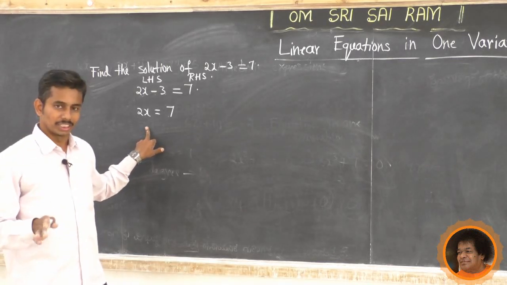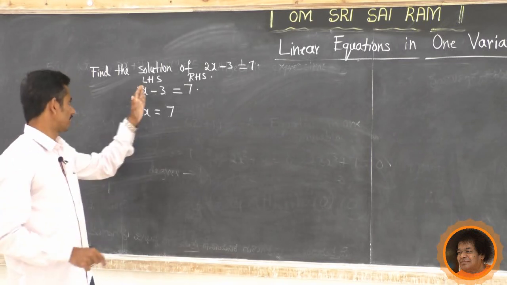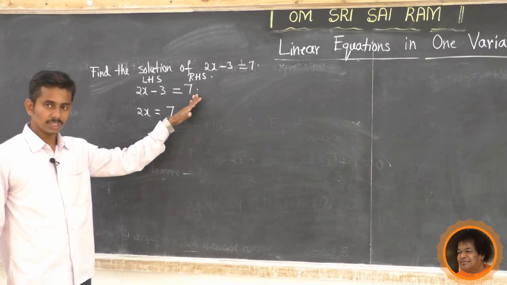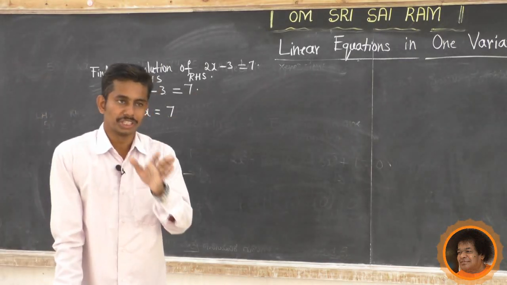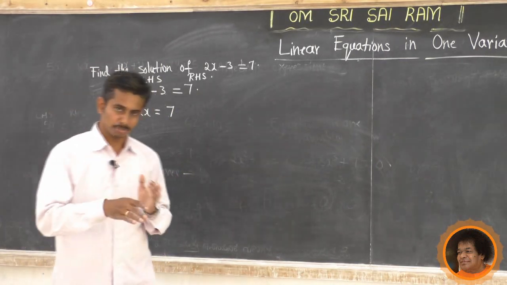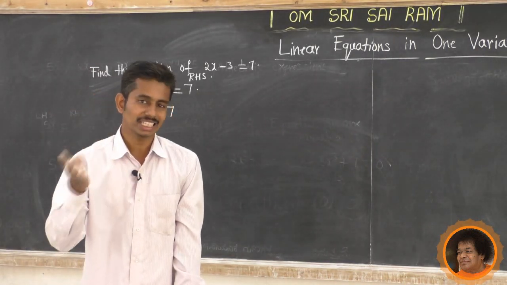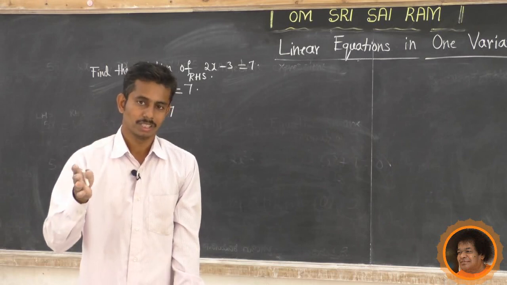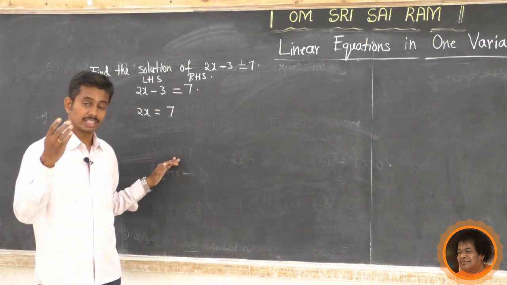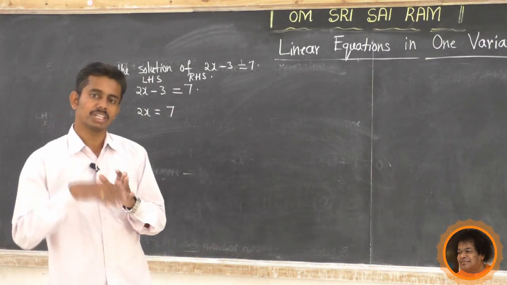While transposing any term from one side to another side, that is left hand side to right hand side or right hand side to left hand side, the operation will change.